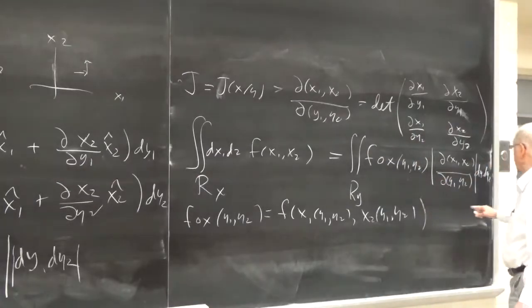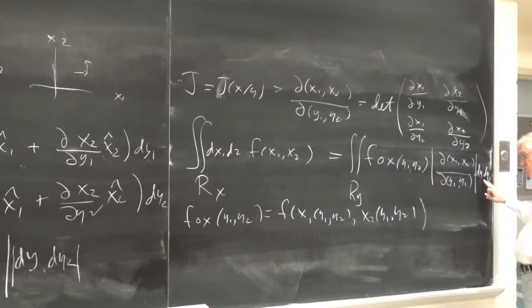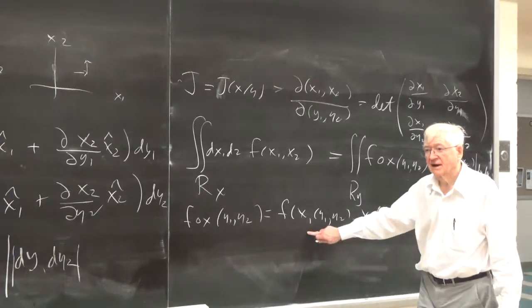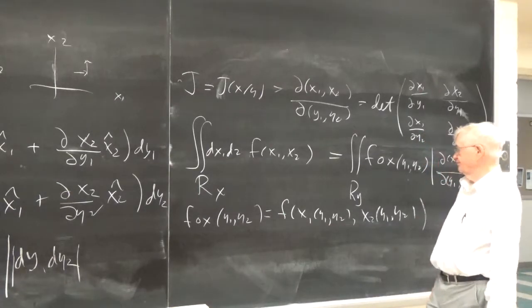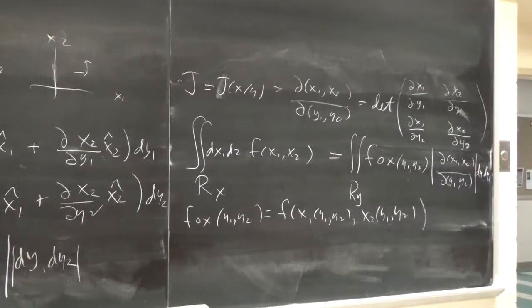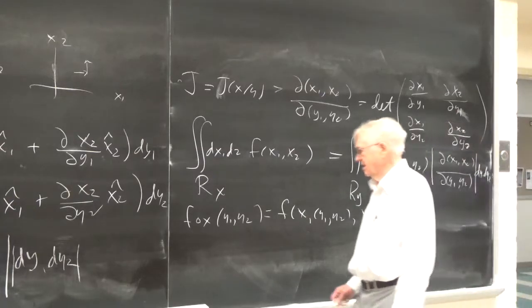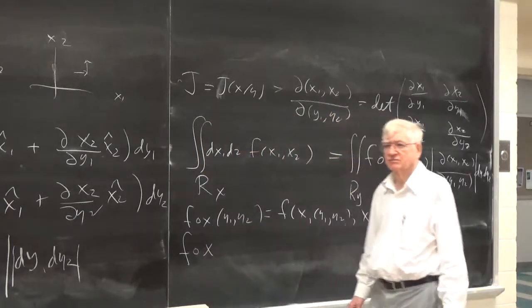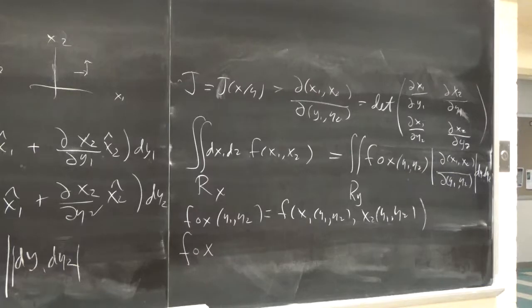Over here, you're integrating over a region in y space, and you have to go from y space to x space, and x1 and x2 are functions of y1, y2. This is composition, and this is normally written as big F, little o, big X, looks like that. Okay, that's in 2 dimensions. The same thing applies in 3 dimensions or n dimensions, and it's always simply a Jacobian.